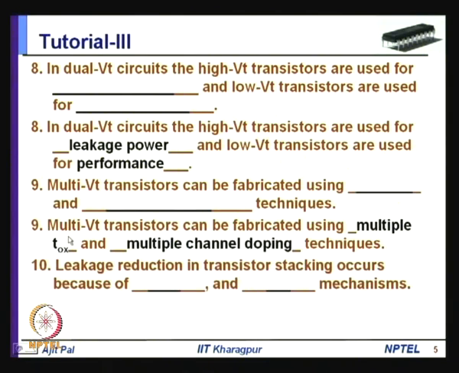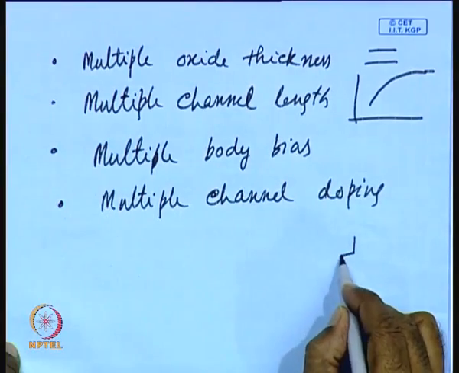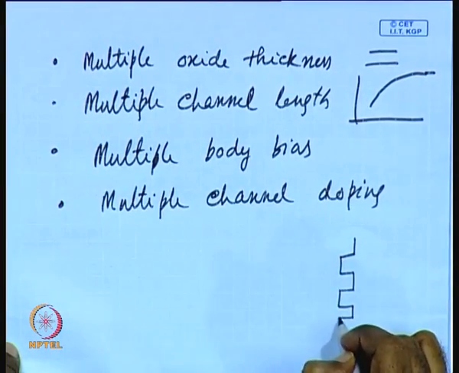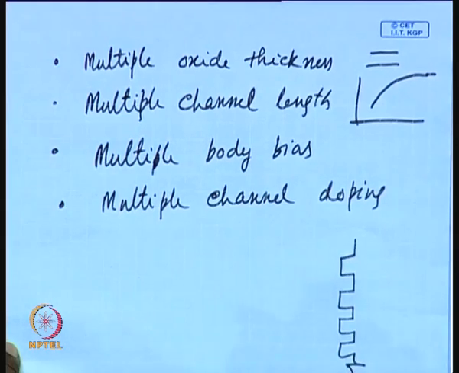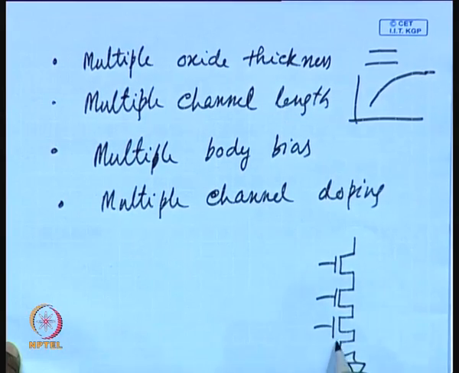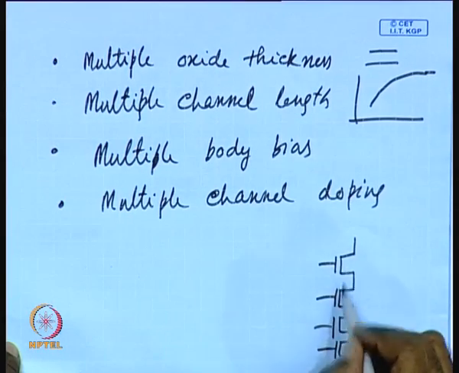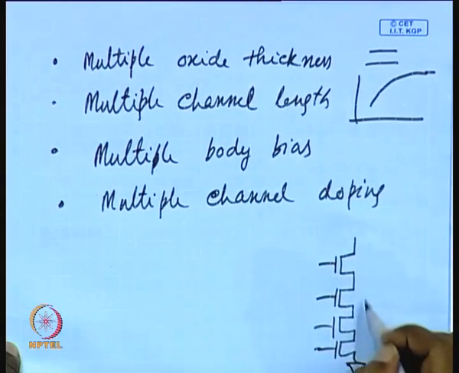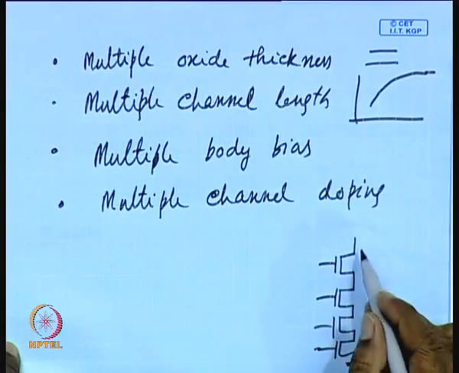Then question number 10 is leakage reduction in transistor stacking occurs because of dash and dash mechanisms. You may recall that whenever you do transistor stacking like this, say several transistors are in series, depending on which of these are on and off, the leakage current varies.